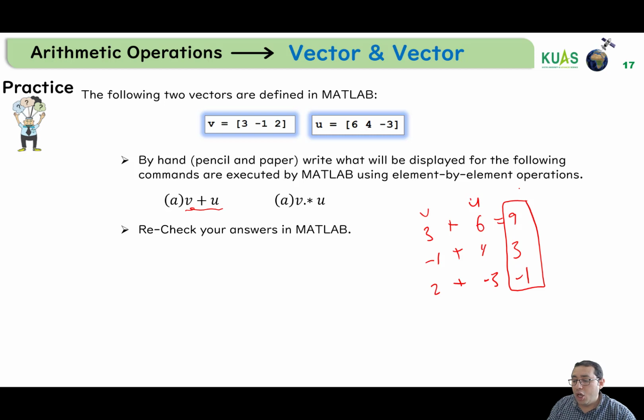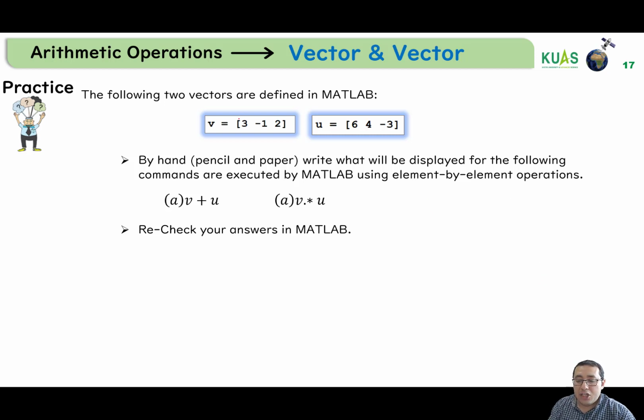So again, 3 multiplied by 6 will be 18, and then minus 1 multiplied by 4 gives minus 4, and then 2 multiplied by minus 3 is minus 6. So this is the output in the element-wise, point by point.